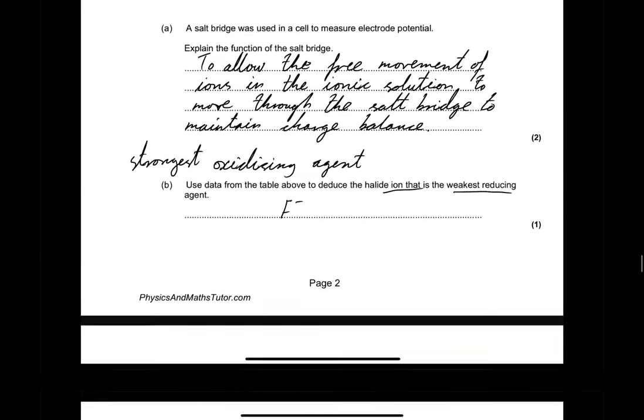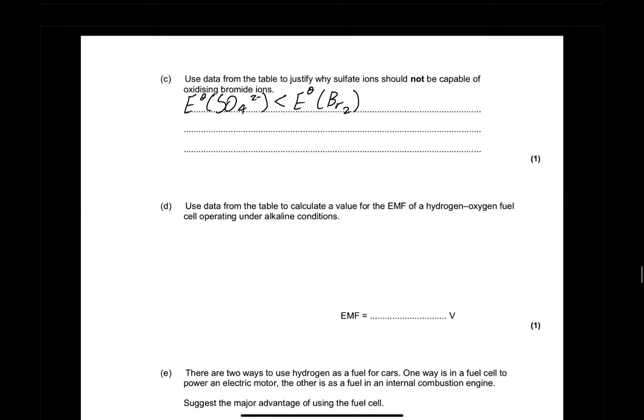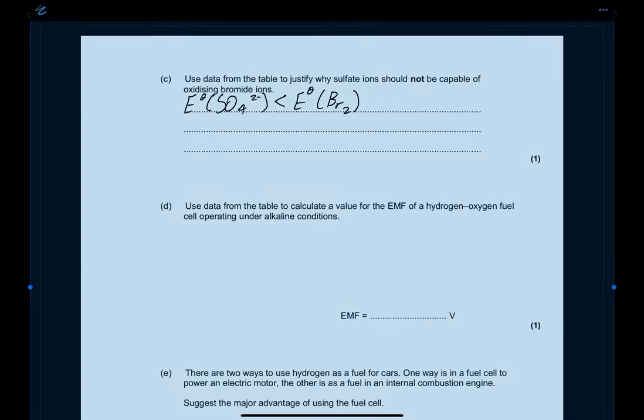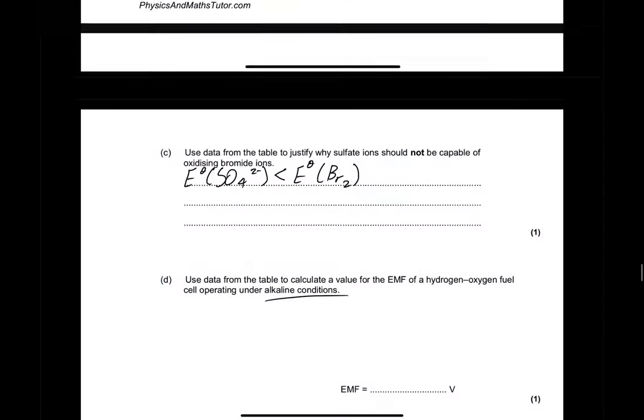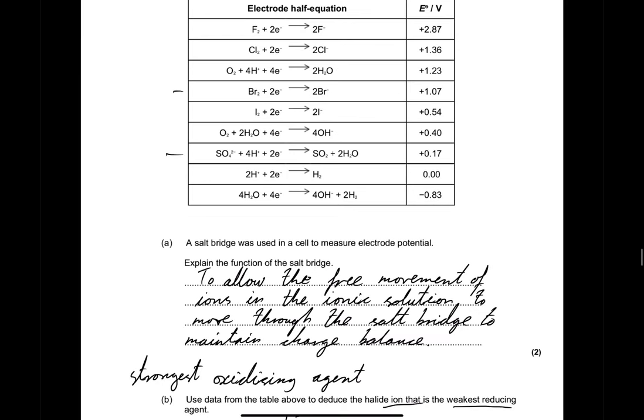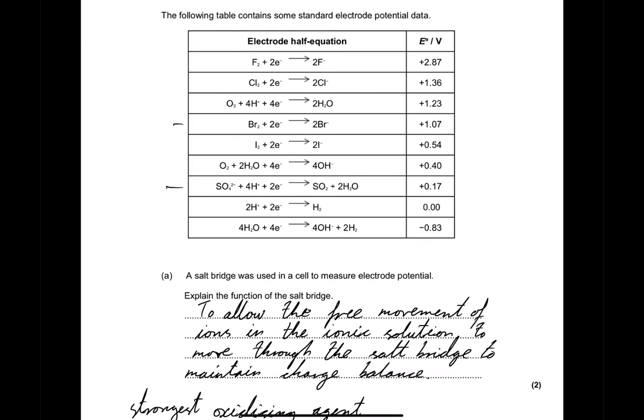Use E values to calculate a value for the EMF of a hydrogen oxygen fuel cell operating under alkaline conditions. Yeah, I think I have done this question before, but it doesn't matter, I'll just do them again.